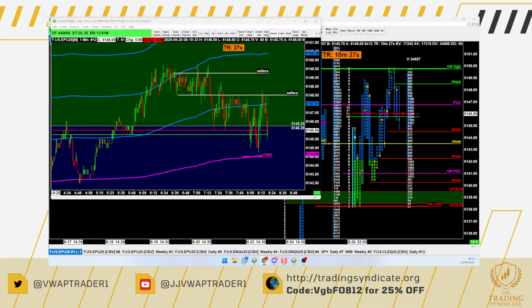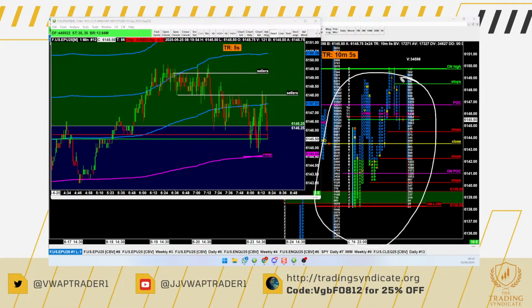It's hard to get really good trade location off a market profile chart. I mean, it gives you good information, but like I say, this is a map of the city, and then this is the map of the neighborhood that we're in. So you use both, right?